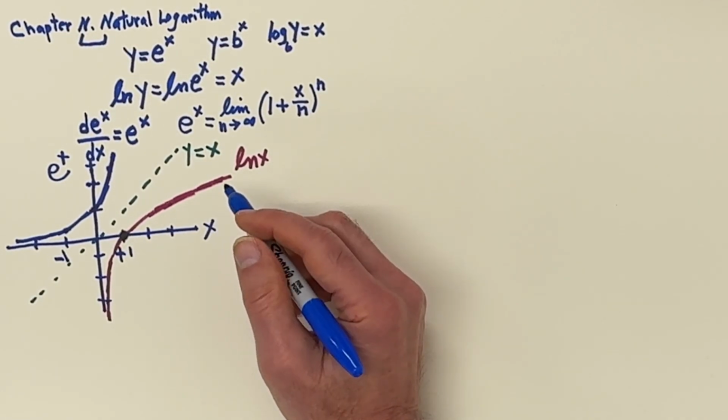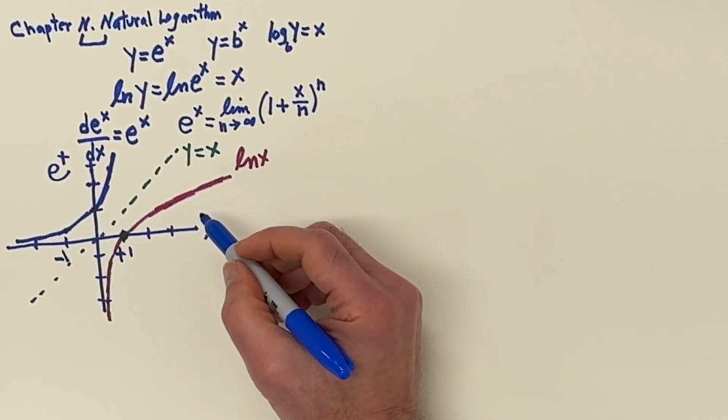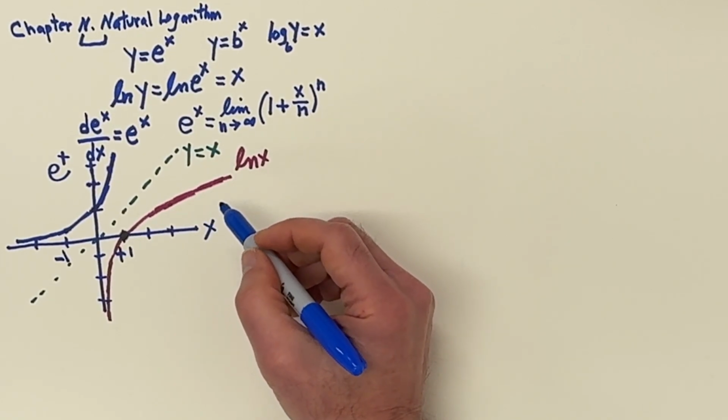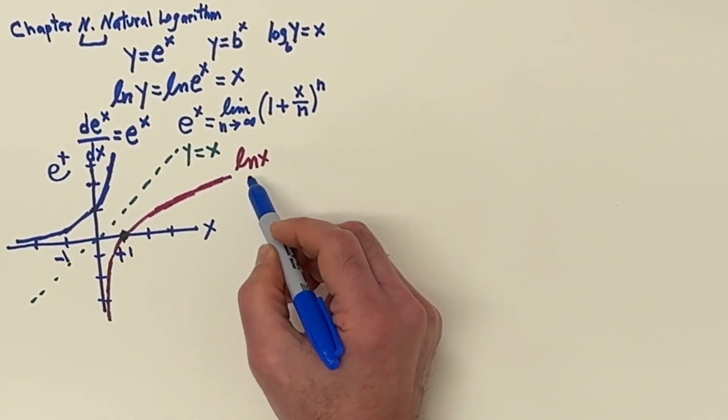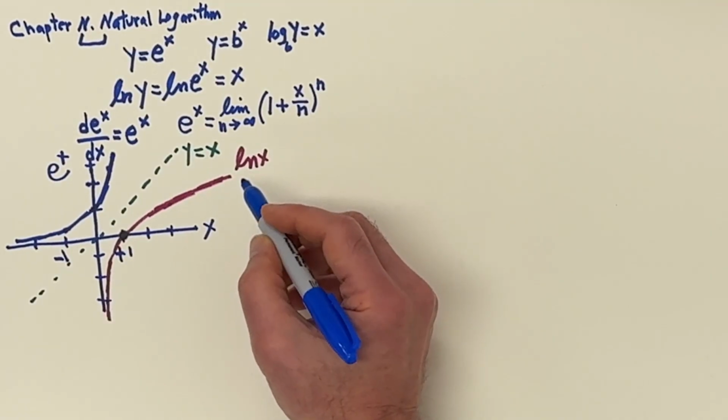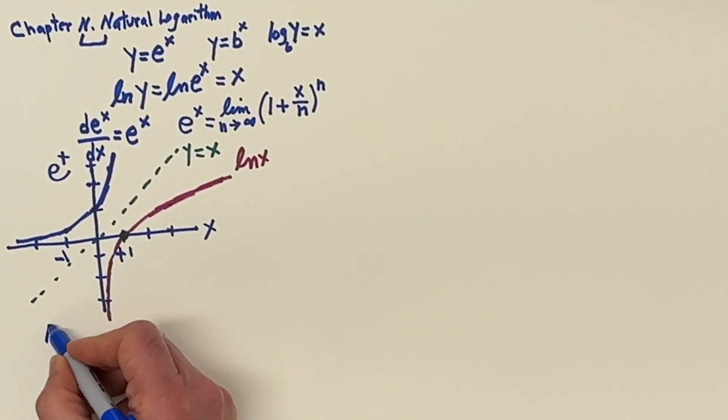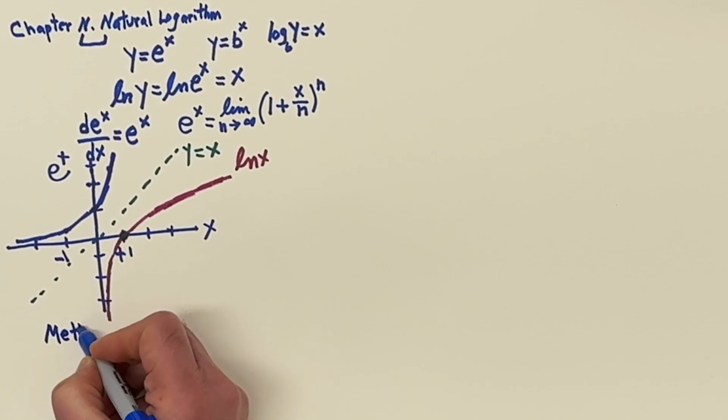So here I'm going to use 3 approaches, 3 methods to find the derivative of the natural log of x. So we'll do method 1 first.